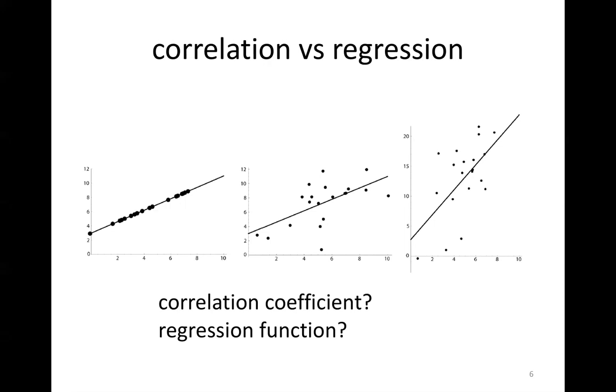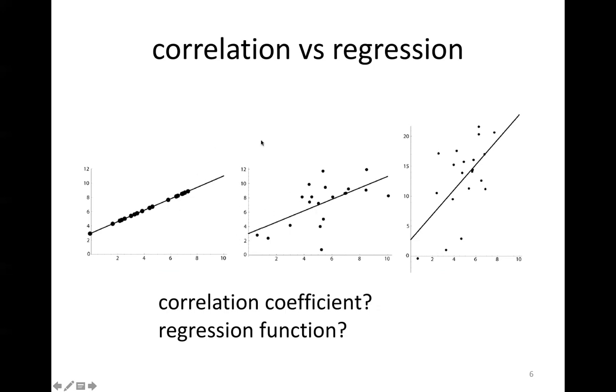In correlation, we just study the strength of relationship between any two numeric variables, whereas in regression, we construct a function that also allows prediction. And the function will have a slope and intercept.